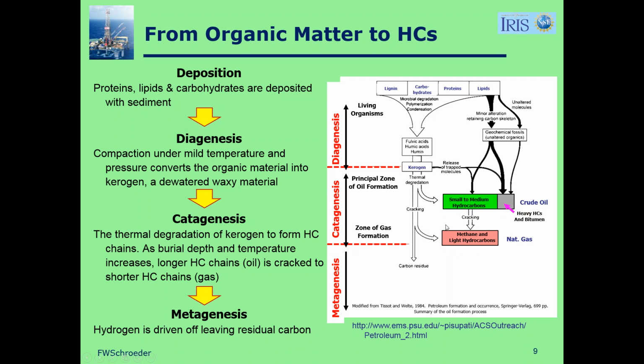And if the source rocks get hot enough, deep enough, under enough pressure, all the oil will be generated that it's going to generate. And in the latter part of catagenesis, it will only be yielding gas. And then metagenesis is when all the hydrogen has been driven off.